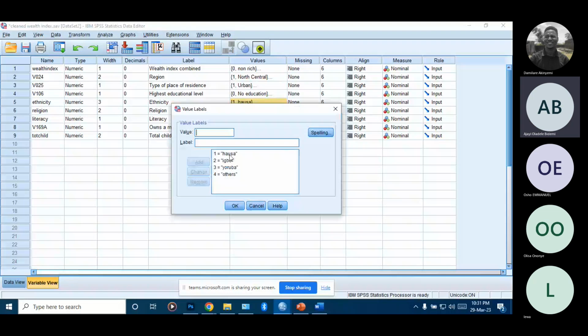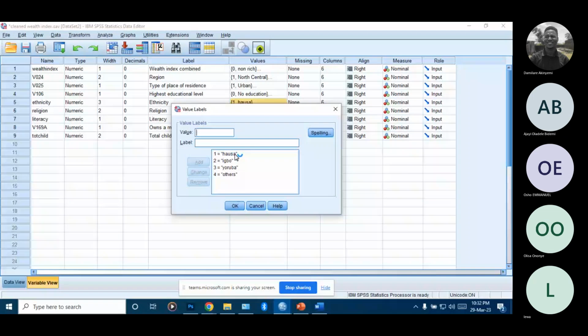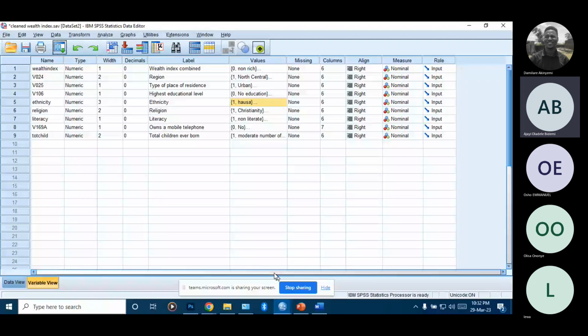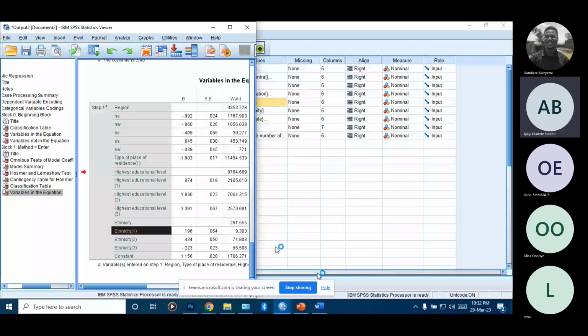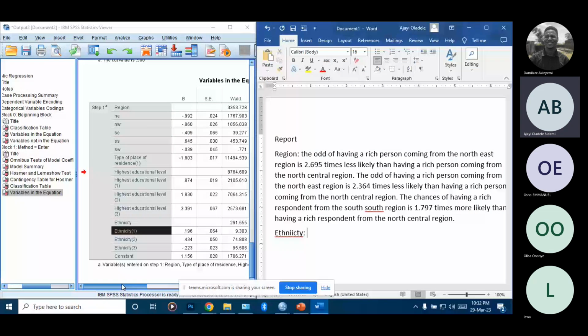Now the first category here is the reference category. Hausa is the reference category. You note it. Then Igbo, Yoruba, and other tribes. For the first ethnicity, the Hausa has been used as reference category.